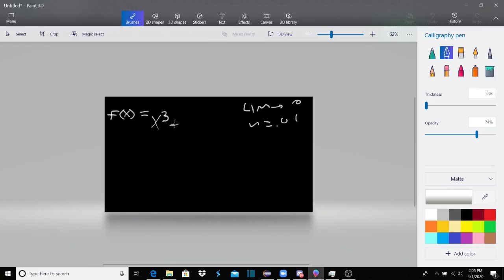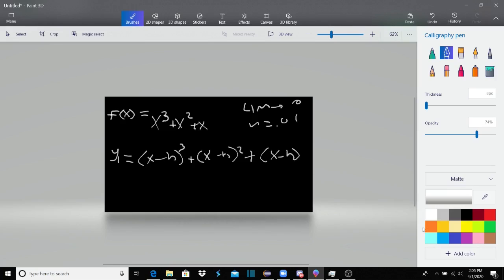x cubed plus x squared plus x. This is a very nice thing I can show you guys. So that'll be our y2. Now I'm going to show you our y1. It's going to be a little bit more complicated, but you'll see what it'll become. So if we have x minus h to the cube, that's not a 3, there's a 3, plus x minus h squared plus x minus h.